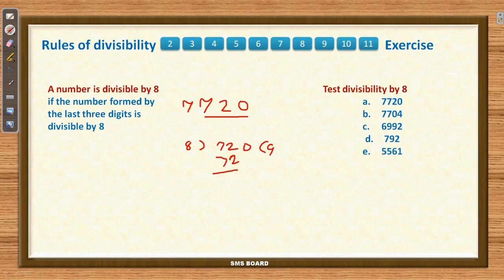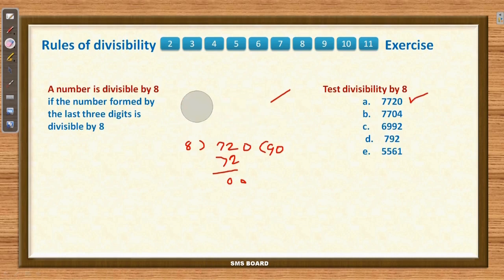So the remainder is 0. So 0 will come down. So 90. So this number is divisible by 8.